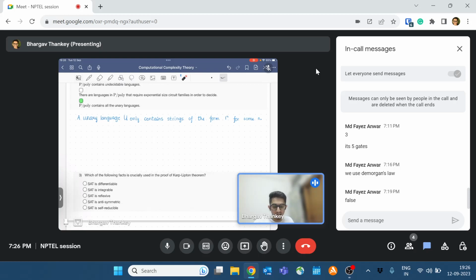So here's how we can consider a circuit family to decide U. So define Cn as follows.